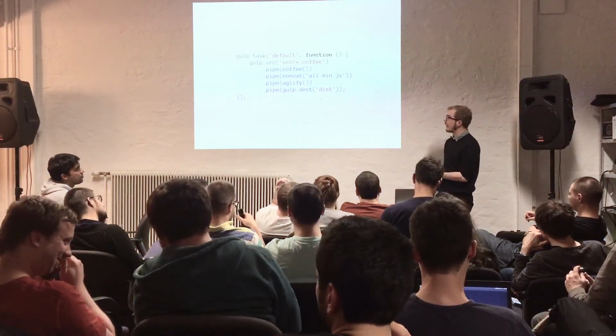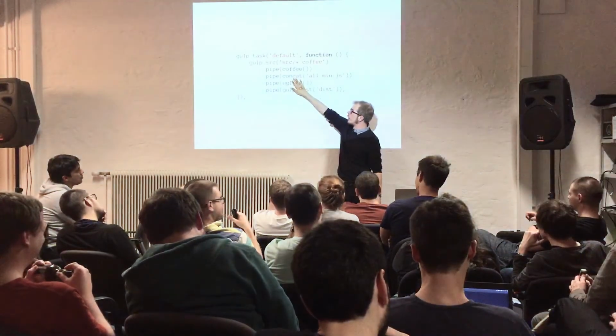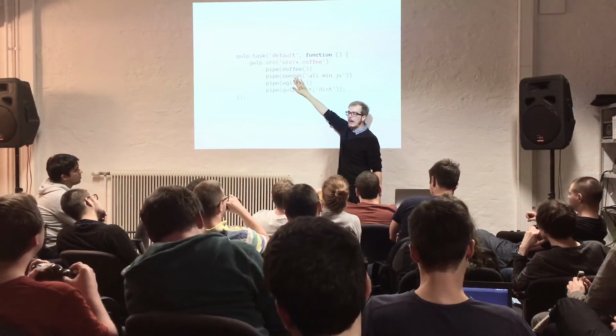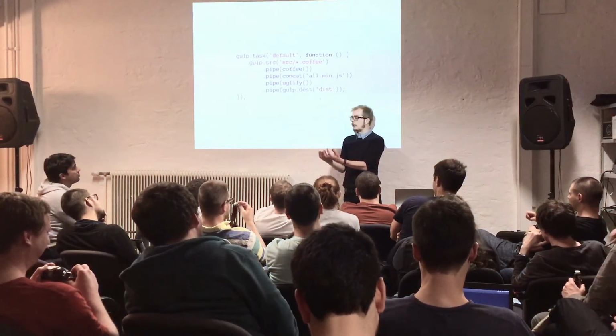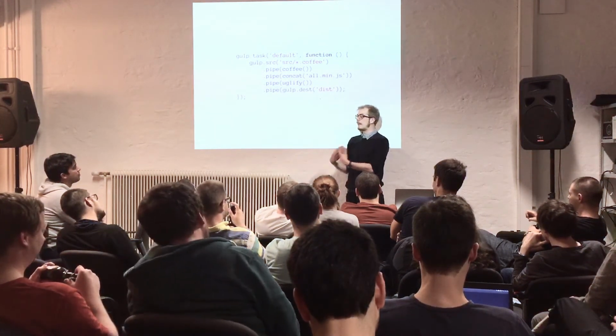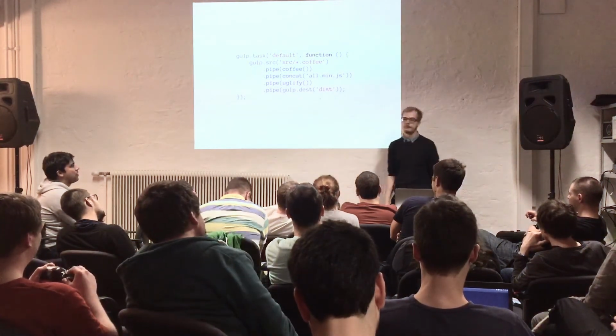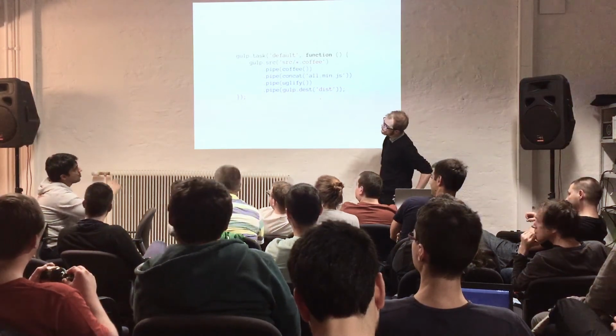And as I mentioned, the concat you see here just removes every file object it receives from the stream and creates a new file object and then adds this one to the stream, or emits it, like it's event based. Can these things run then in parallel?